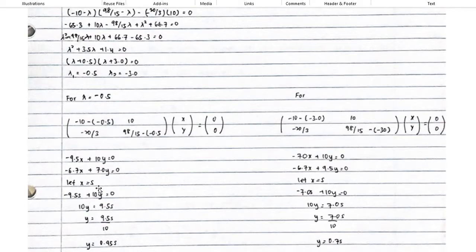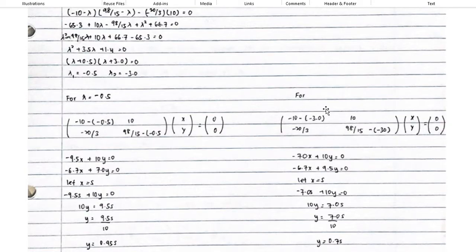And not to forget that before we solve, we need to change the variable x into s, so that it meets the characteristic of the eigenvector. So after that we get the eigenvector x equal to 1, y equal to 0.95 positive.